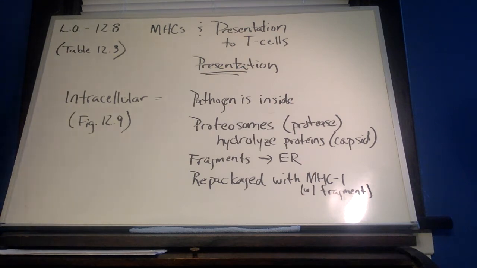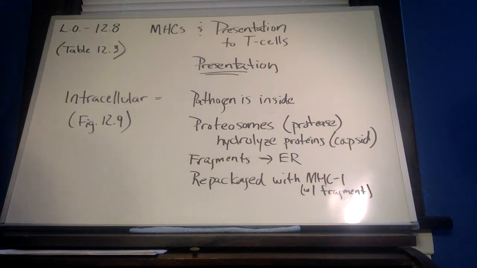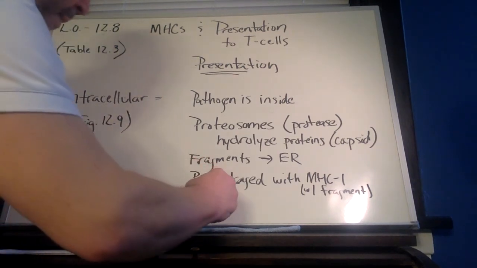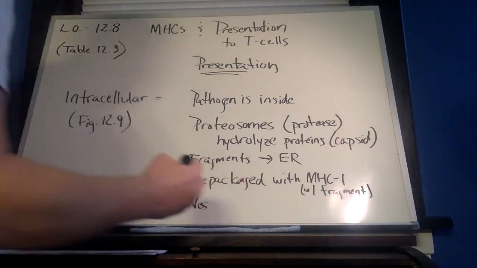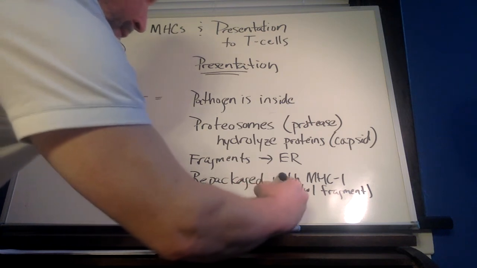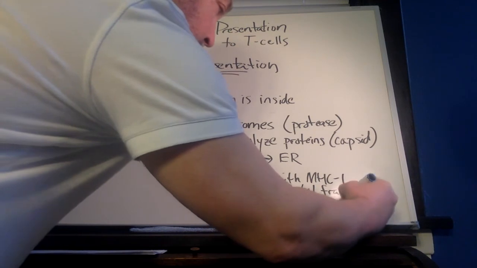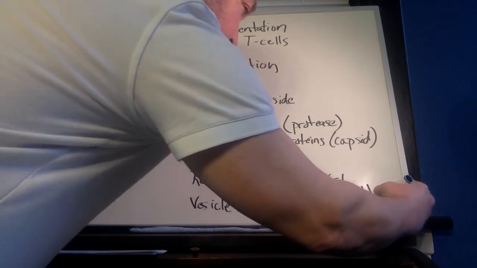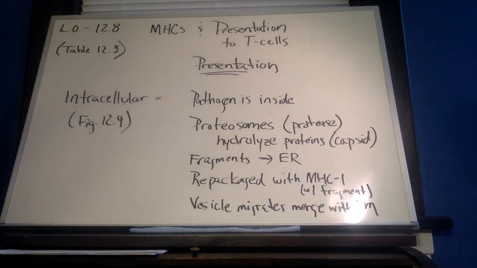They will now form a vesicle. So you see the bubble with the MHC1 antigen, and that vesicle will migrate to the plasma membrane. The vesicle migrates and will merge with the plasma membrane. PM is my acronym for plasma membrane.